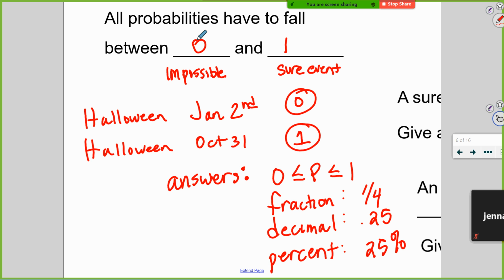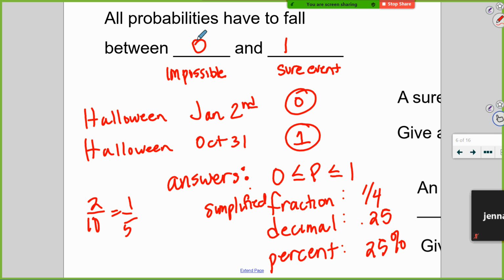Okay, so there's 3 different ways that you could write your answers. All right. Either way is okay, right? So Michael asking here, is any way okay? Any way is okay. The only thing with a fraction, it needs to be a simplified fraction, right? So I couldn't do 2/10. I'd have to simplify and go 1/5. So it's just going to be simplified.